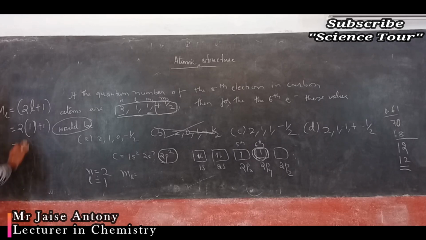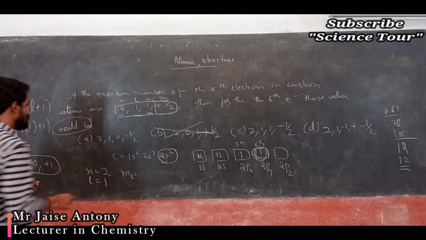So here 2l plus 1, 3 values possible for m l. Those 3 values are nothing but 0, plus 1, minus 1. Any of these values is possible, my dear students. 0, minus 1, plus 1.